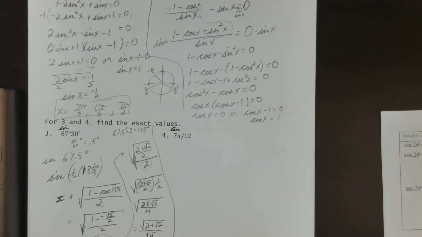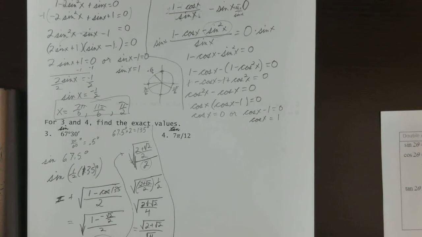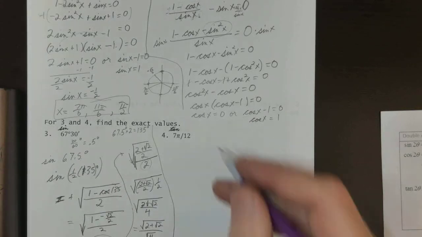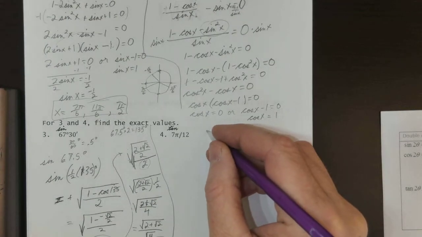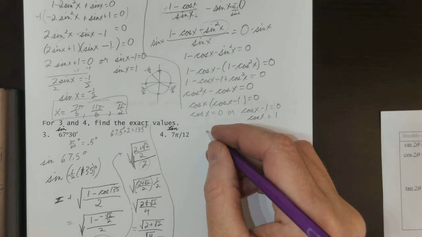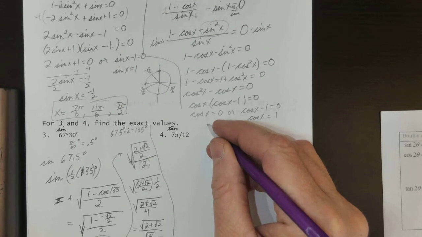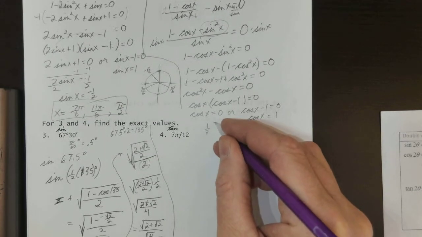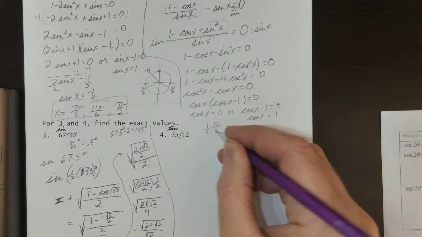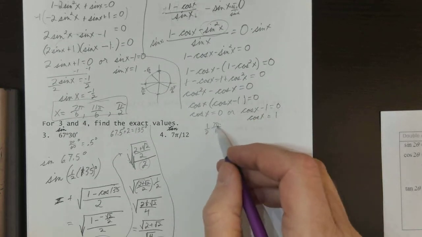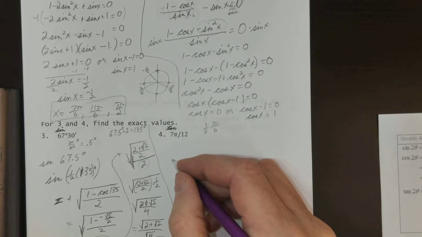Now, tangent of 7 pi over 12. I think I might use the half angle again on this one. Half of 7 pi over 6 is 7 pi over 12.